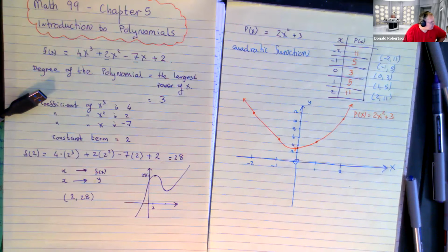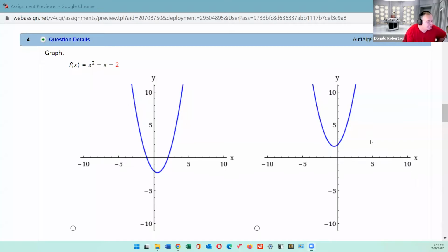Let's see what we need to do next. Well, in the homework, what you typically get here, and let me show you one of the homework questions, is that you get 4 pictures and you choose the one that looks like it.